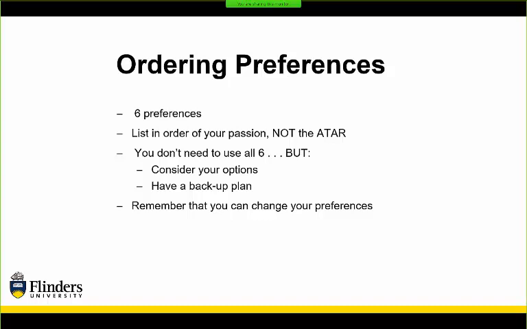But always list what you want as your #1 preference and don't go by the ATAR. So if you're set to get a really high ATAR, don't think that you need to put in a higher level, a more competitive degree just because it's got a higher ATAR to get into it. We always recommend you put it in by your passion rather than the ATAR.